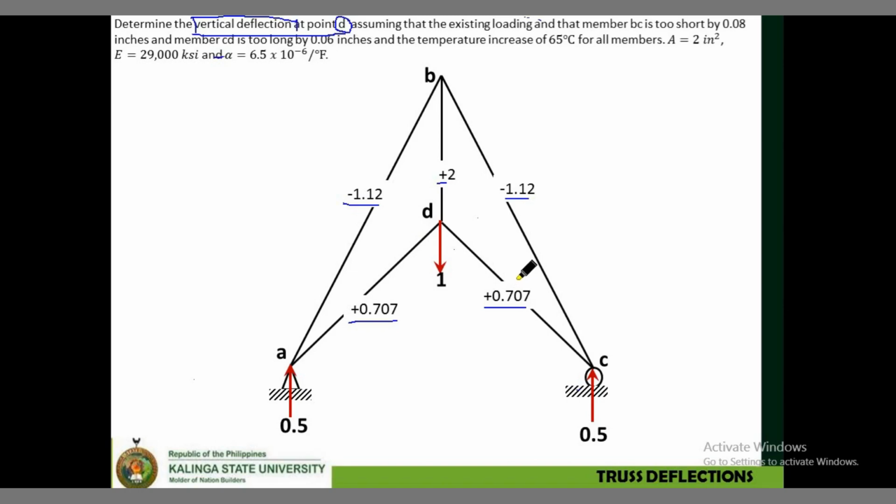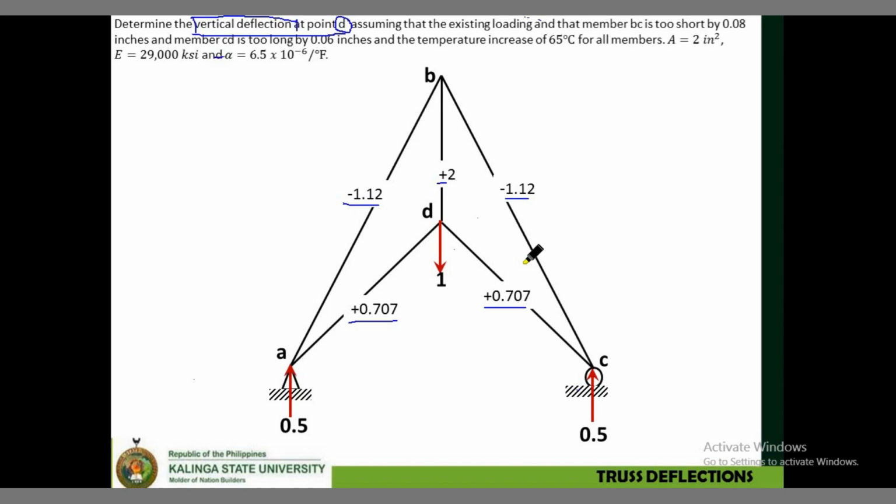So, after our class, you may want to solve again these problems. Practice nyo ngayon yung method of joints and method of sections. Now, during our midterm, nahirapan kayo sa method of joints and method of sections, and mahihirapan kayo dito sa truss deflections.